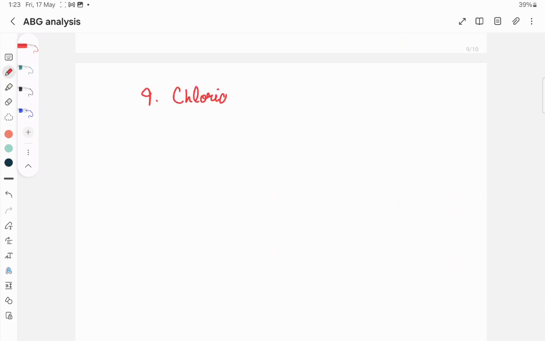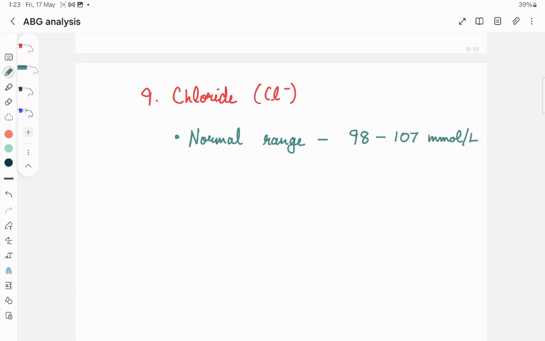The next component is chloride, which we often tend to ignore. So what is the normal range for chloride? It is 98 to 107 millimole per liter. What is the significance of chloride?